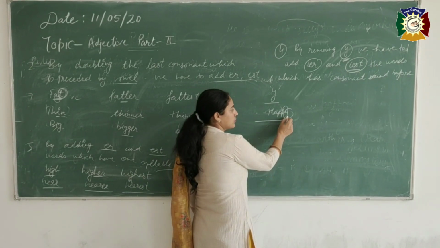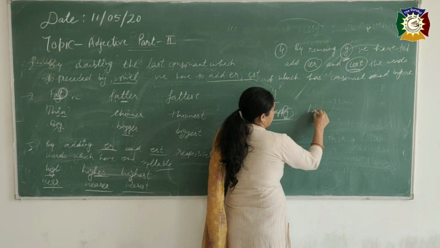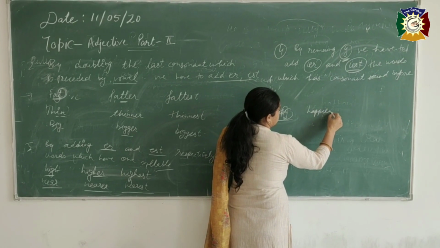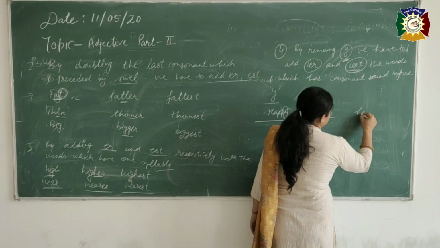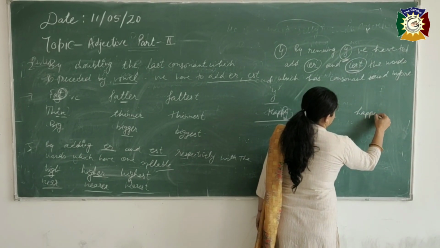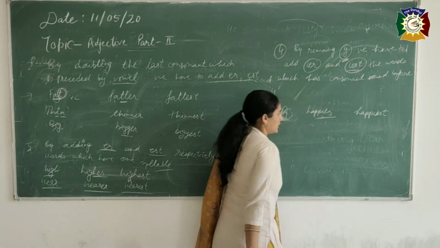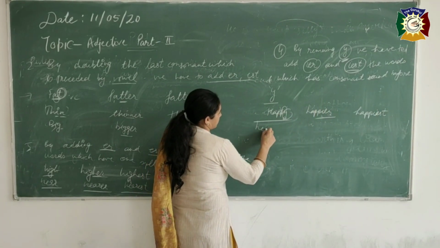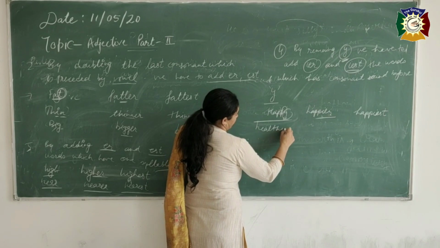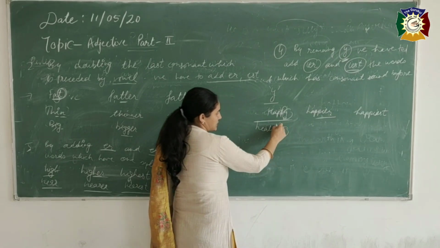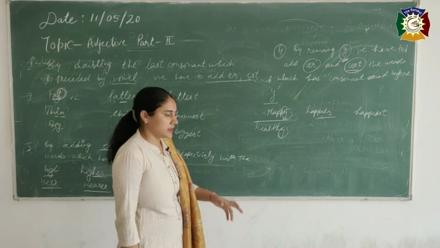So we have to remove y. Happier, happiest, right? Healthy. Before y here is h, and h is consonant.